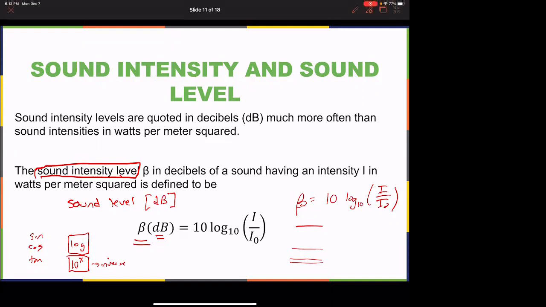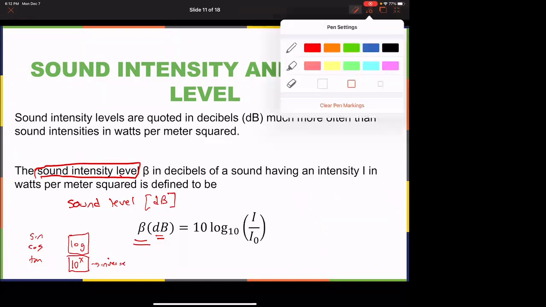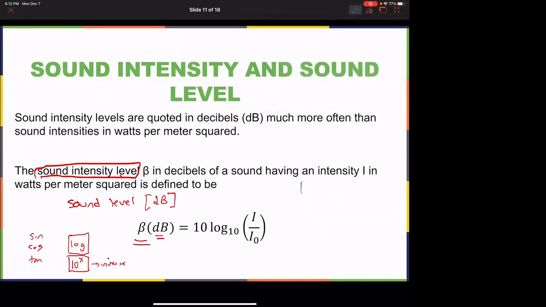So to get rid of the logarithmic function, to get rid of any function, you take the inverse function. I'm going to show you how to do that over here where I just erased. If we have beta equals 10 log I over I naught, and we want to get I by itself, we got to get rid of this log. So we divide both sides by 10: beta over 10 equals log of I over I naught.